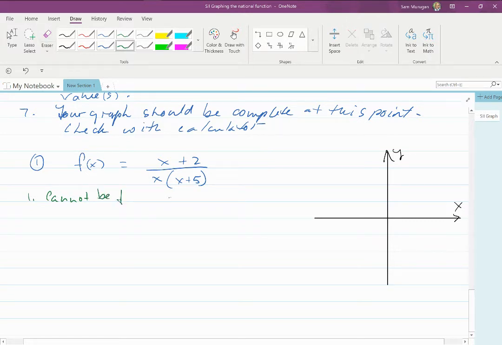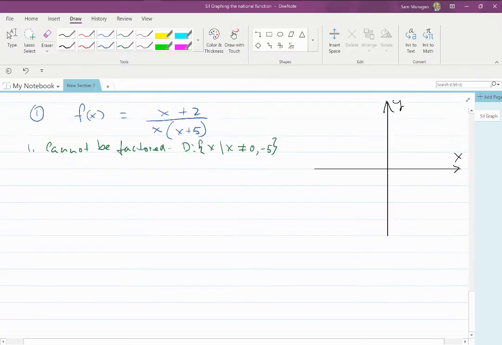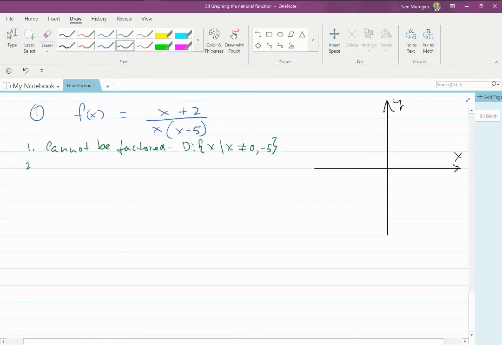The domain: all x such that x cannot equal 0 or negative 5. Okay. Step 2.